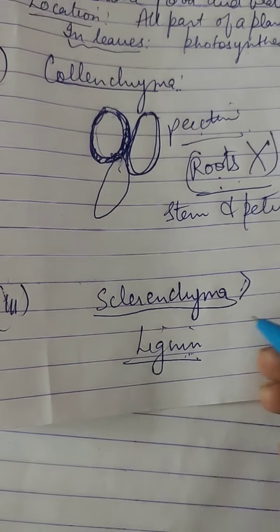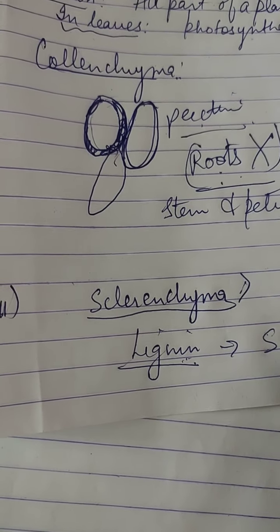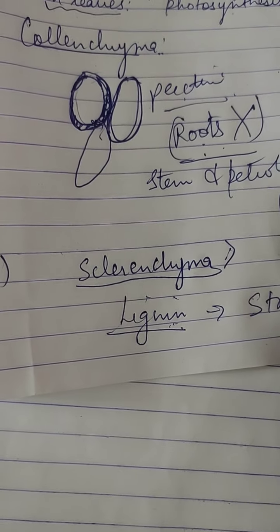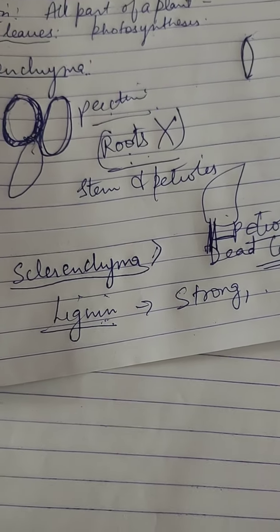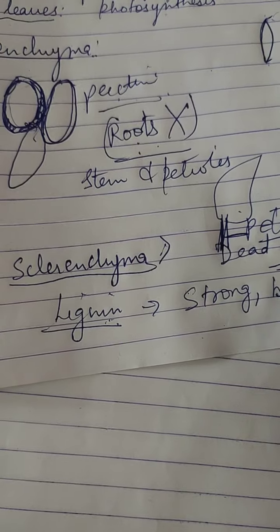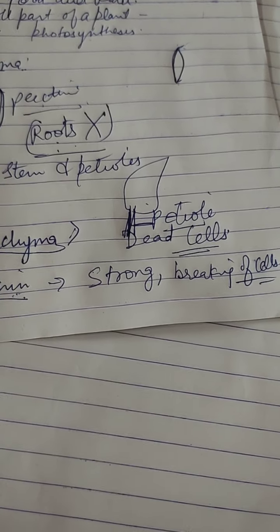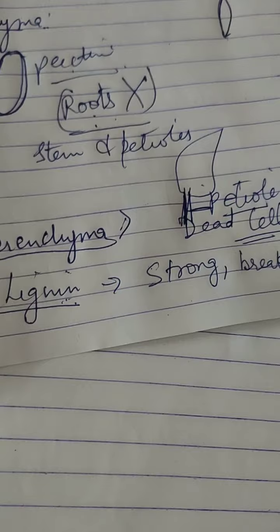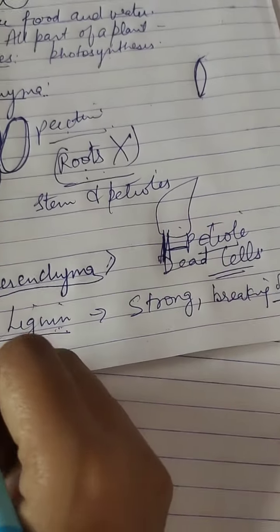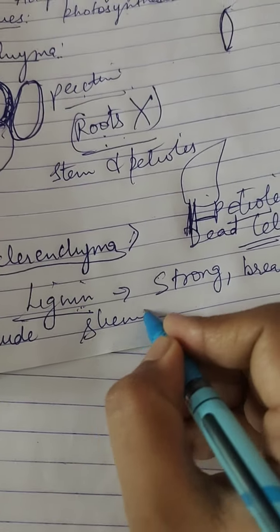What is its function? It helps to make the cells strong and resistant to decomposition. Resistant to decomposition means it helps to make the plant cell strong so there is no breaking of cells. So its function is to provide strength to the plant body.